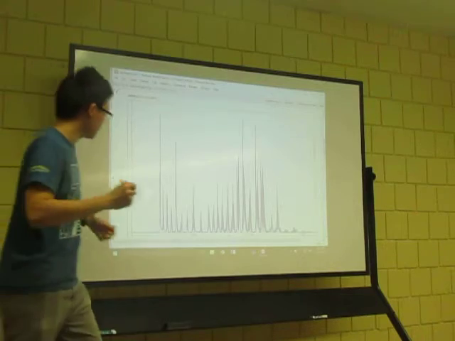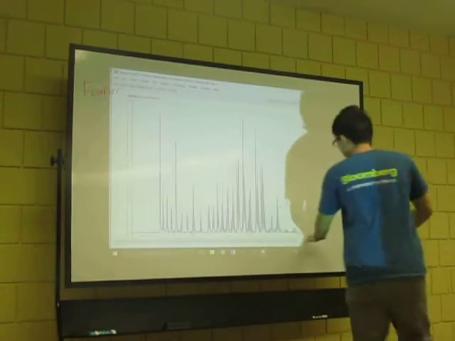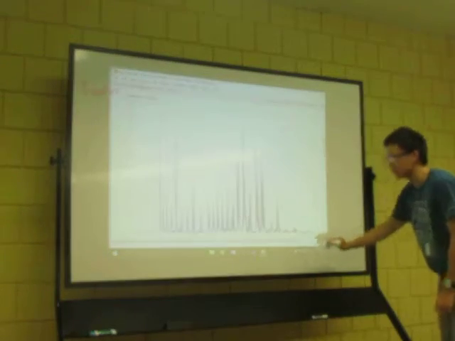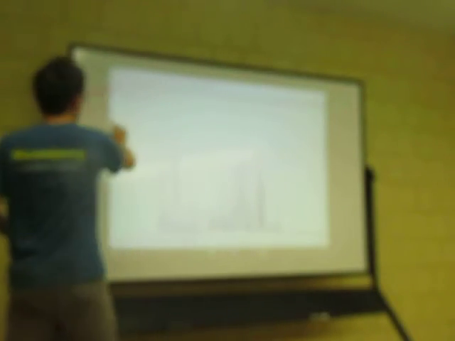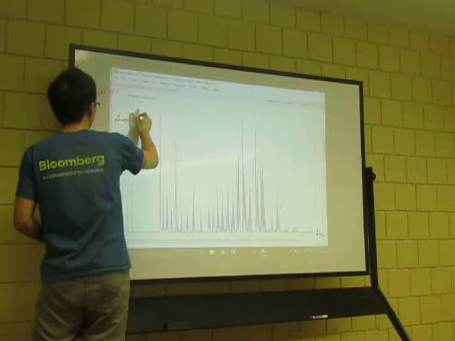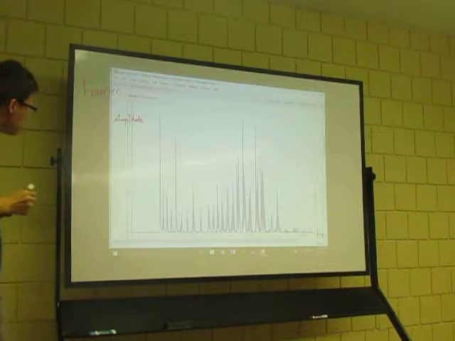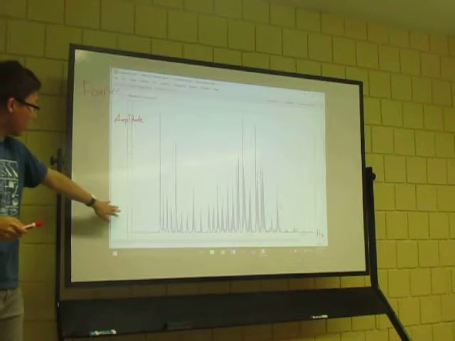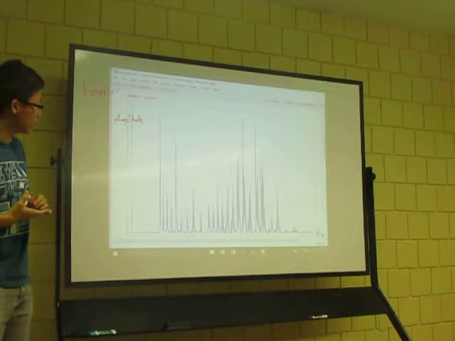And so on the x-axis here, this is no longer time, but now it's frequency. And this y-axis is amplitude.